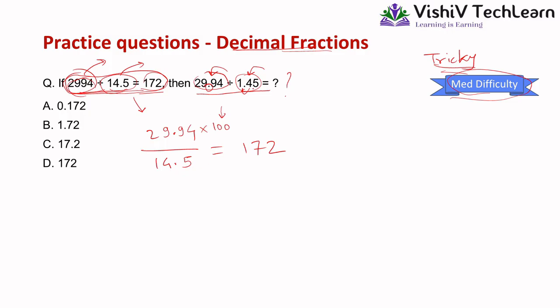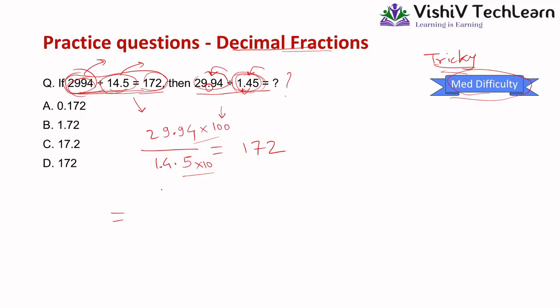Similarly, for this 1.45, if we want this answer instead of 14.5, we need the decimal over here, and we have to compensate by multiplying by 10, correct? This is how we got 29.94 multiplied by 100 and 1.45 multiplied by 10.